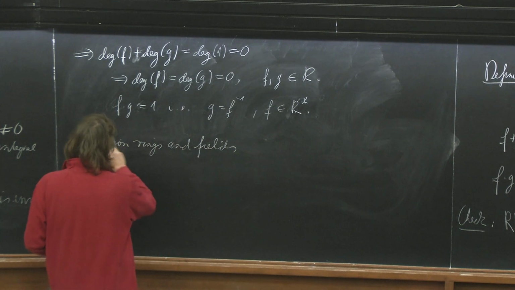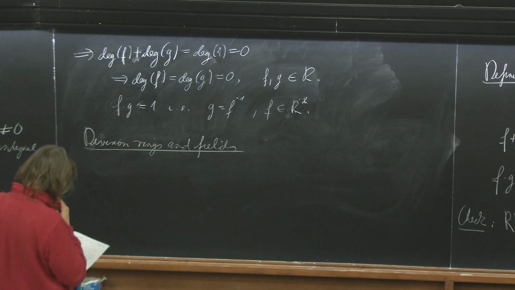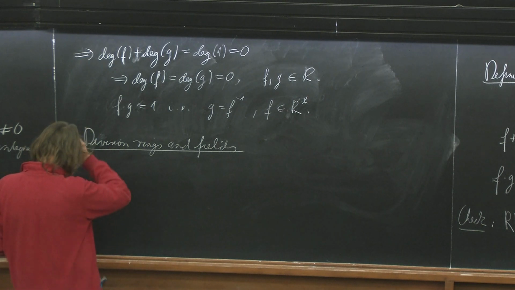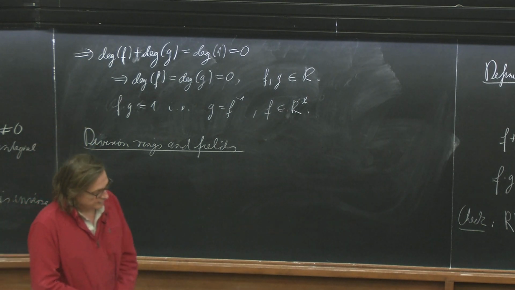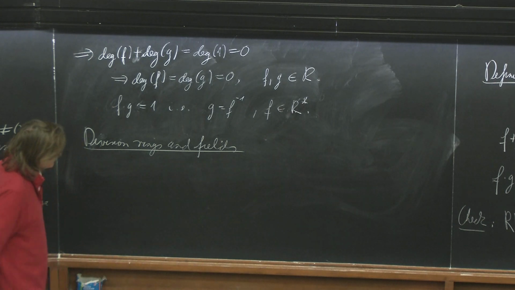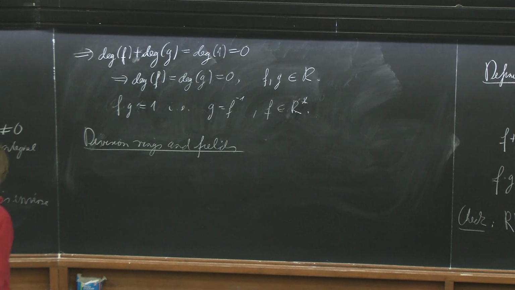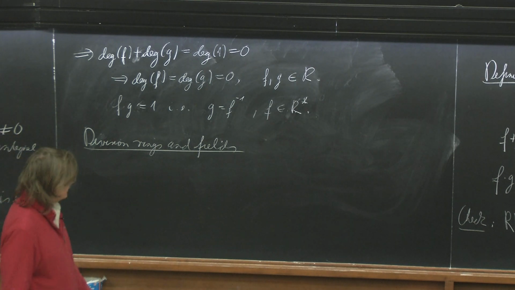I'm not particularly interested in division rings. I just briefly mention them for completeness. So a ring, a unitary ring, so a ring with 1, is called a division ring if every non-zero element has a multiplicative inverse, whatever a in R is a unit. So that means R star is equal to R without 0.